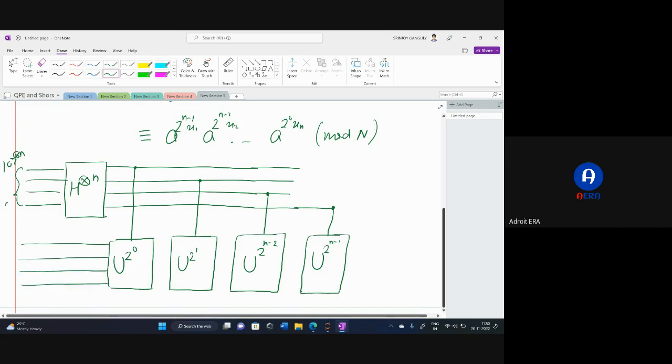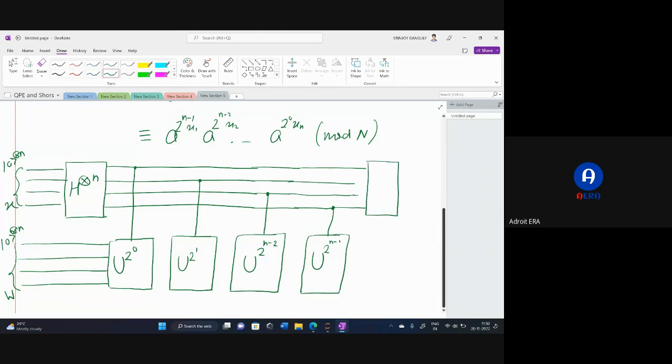This is like your X, this is like your W basically, which again starts from 0 and so on. And then finally you have the QFT inverse, QFT dagger, and you take the measurement, and that's it.